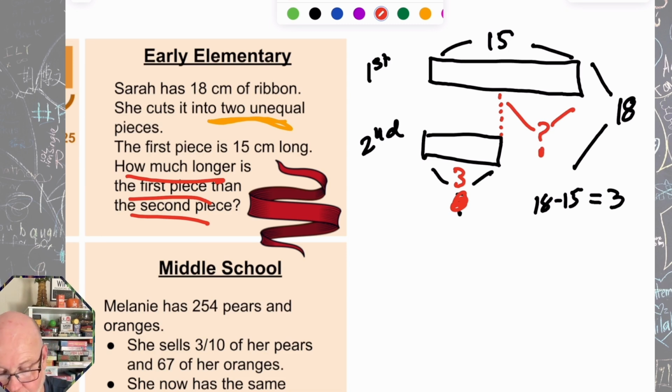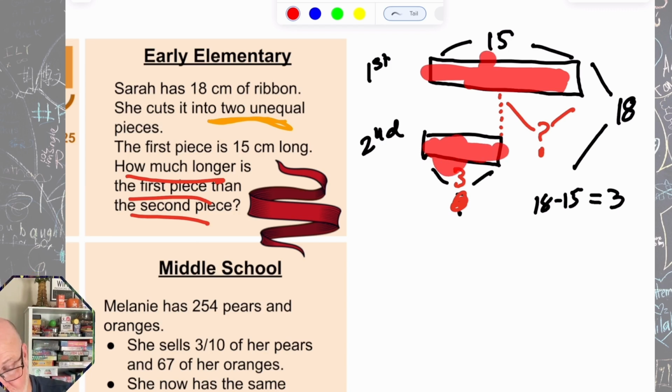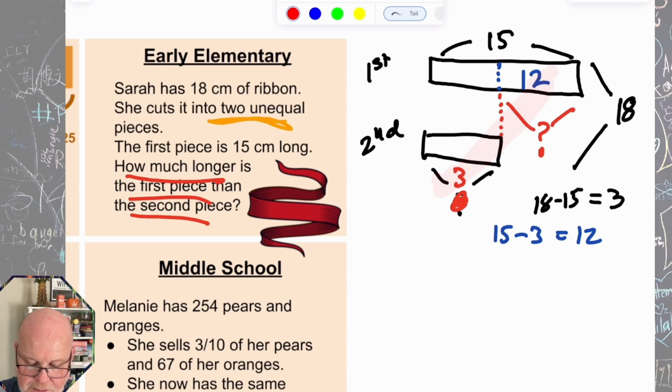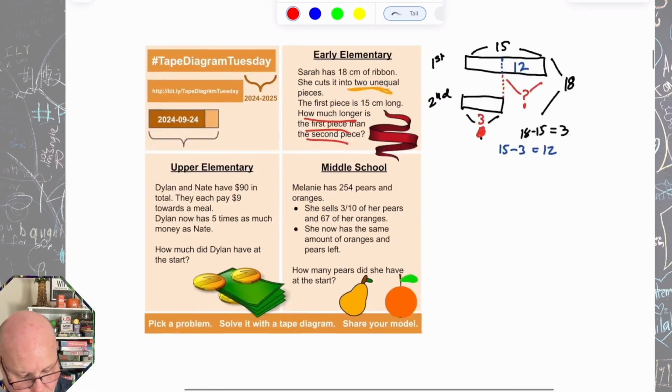We know that the first one is 15 and the second one is 3. So 15 take away 3 gives us 12. So we now know that the first ribbon is 12 centimeters longer than the second piece of ribbon. That was a beautiful problem.